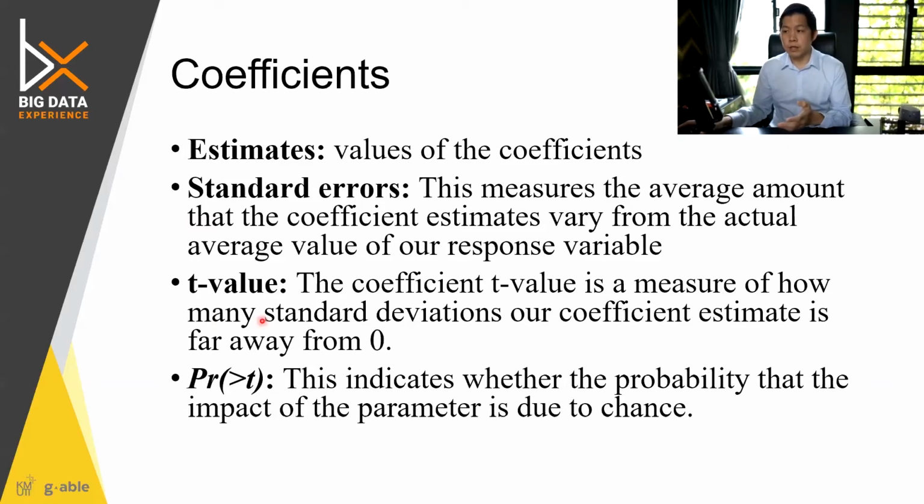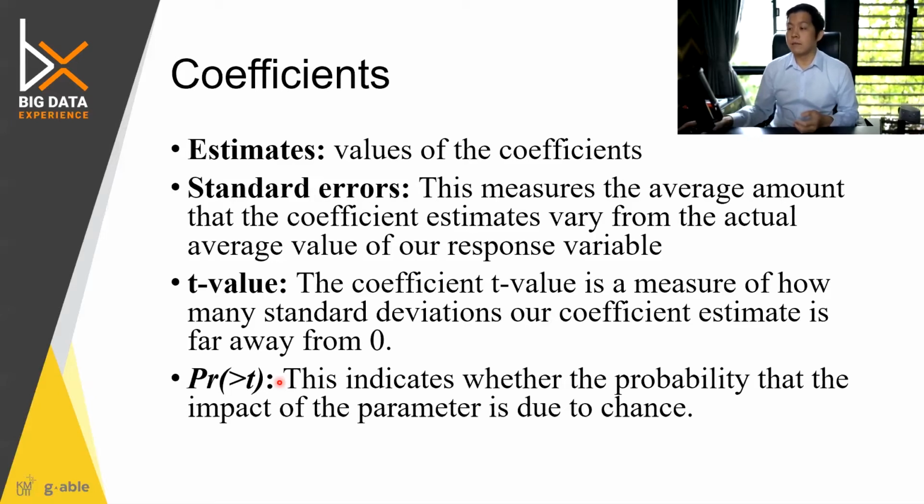The t value here measures how large the difference is between the estimate and 0. And the standard errors are calculated from the data points, and we get this probability that the parameter is more than 0 or not.